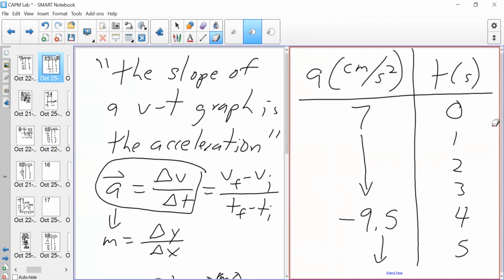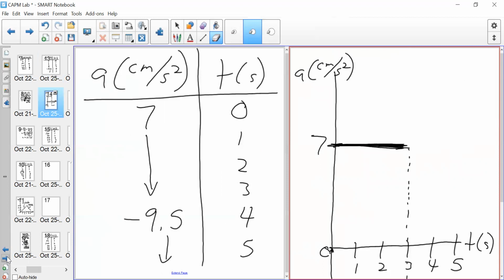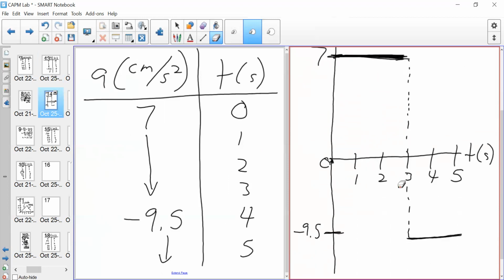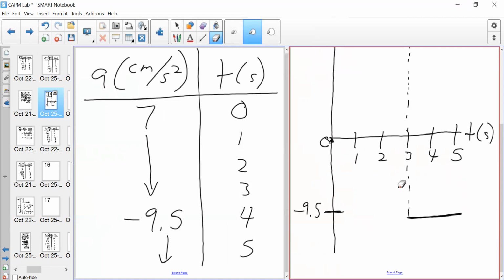Okay, so again, 0 to 3, 7, 3 to 5, negative 9.5. I got my acceleration data tables. You're going to have 15 of these acceleration time data tables, and you're going to have 15 acceleration time graphs. So that should be enough for you to do in the 90 minute class that we have.